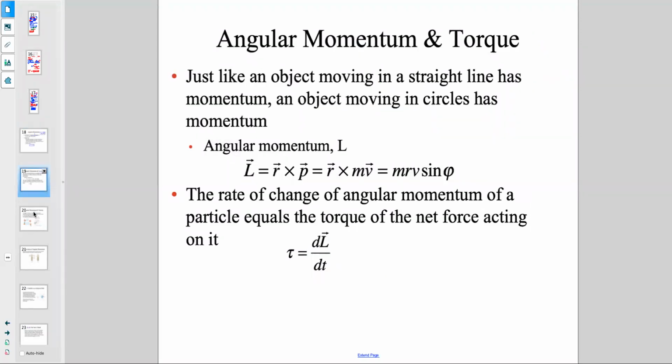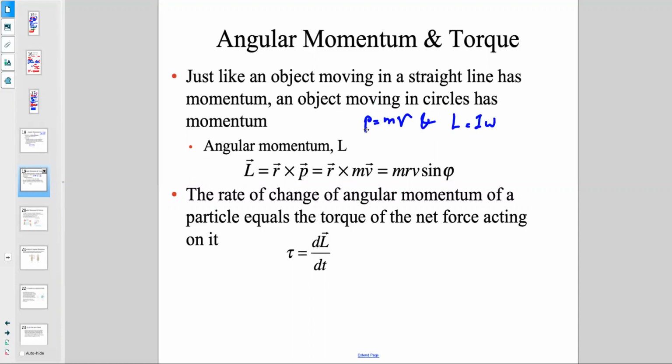So, angular momentum and torque. Just like an object moving in a straight line has a momentum, an object moving in a circle has a momentum as well. And P and L are related. Remember, P was mv and L was I omega.